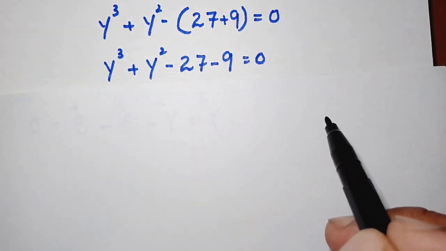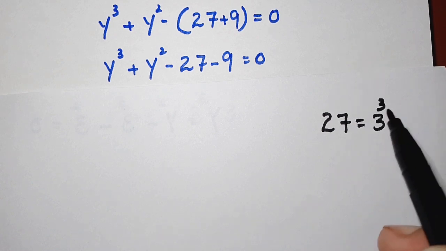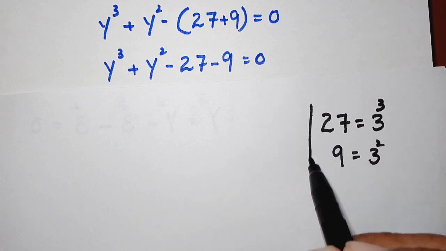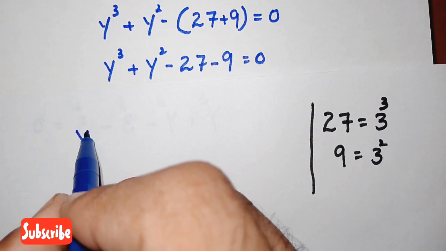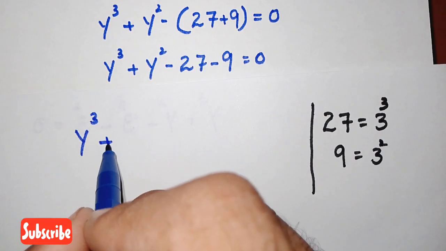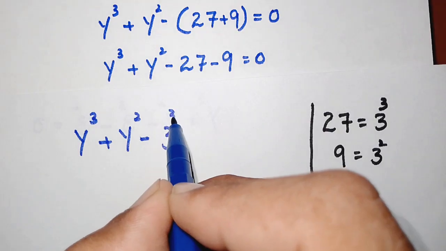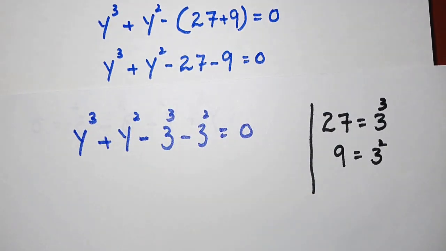Here this 27 is equal to 3 to the power of 3, and 9 is equal to 3 square. So we have to replace 27 by 3 to the power of 3 and 9 by 3 square. So this will become y to the power of 3 plus y square minus 3 to the power of 3 minus 3 square, which is equal to 0.